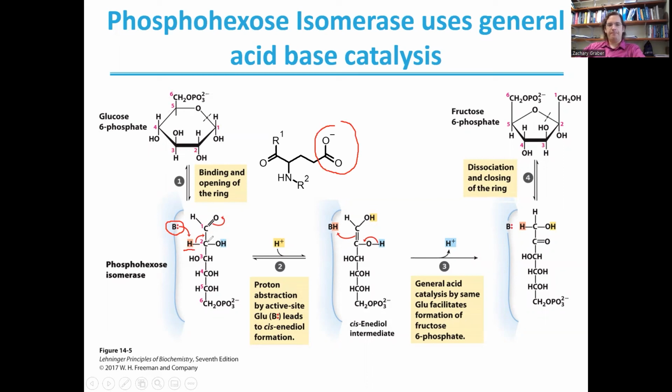So we are tautomerizing from the aldehyde form to our enol form. We accept our proton from our glutamate. We then take the proton back from our glutamate, and we rearrange our molecule to the ketone form. Right? So we essentially switch back and forth from our aldehyde to an enol to a ketone as we transfer that proton back and forth from the glutamate here in our enzyme.